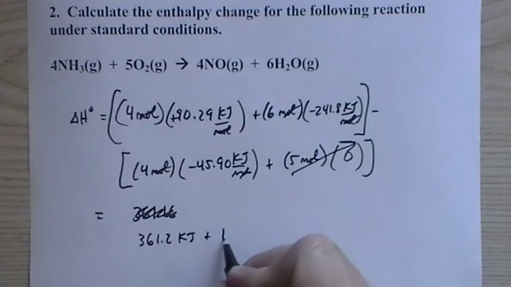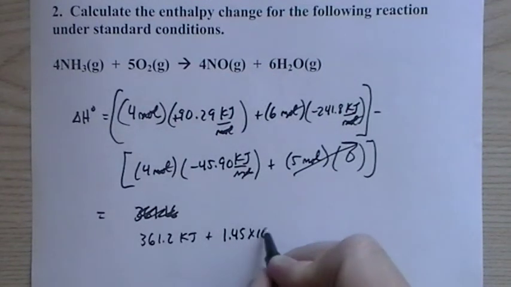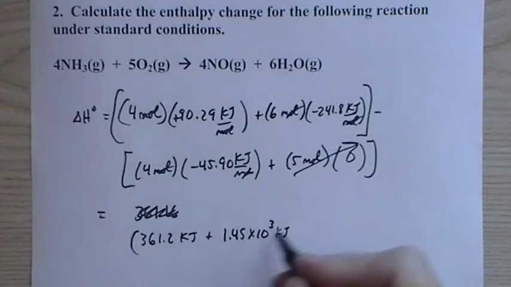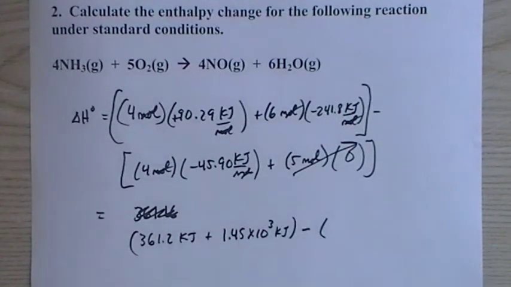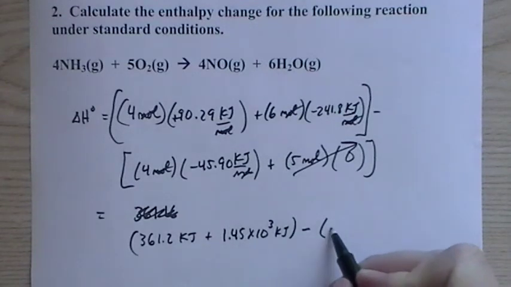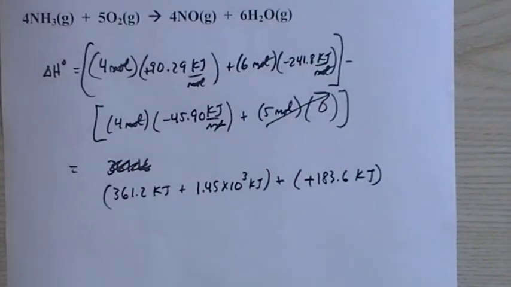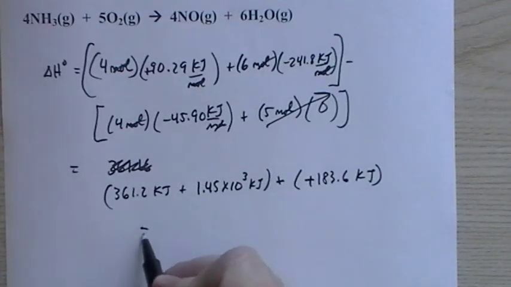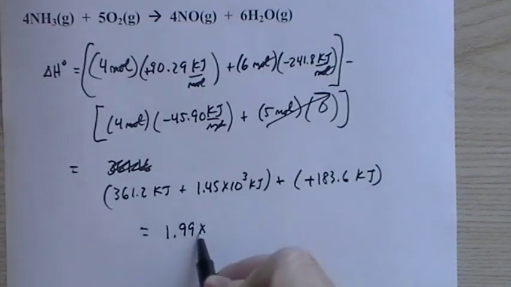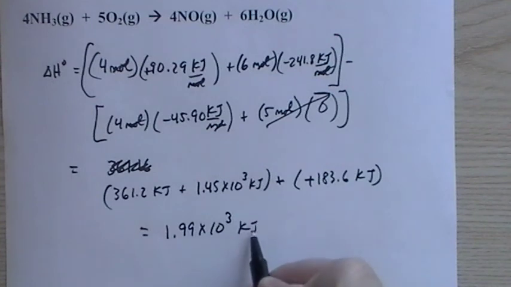So this is 1.45 times 10 to the 3rd kilojoules, minus 4 times 45.9, and that's going to be minus 183.6. Minus and minus is a plus, so 361.2 plus 1.45 times 10 to the 3rd plus 183.6. And this comes up to be 1.99 times 10 to the 3rd kilojoules.